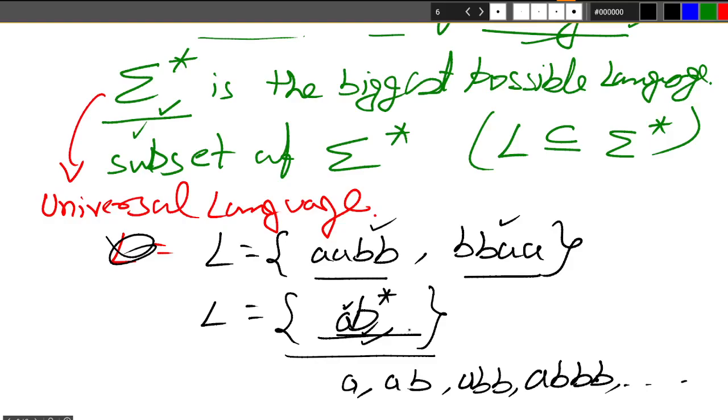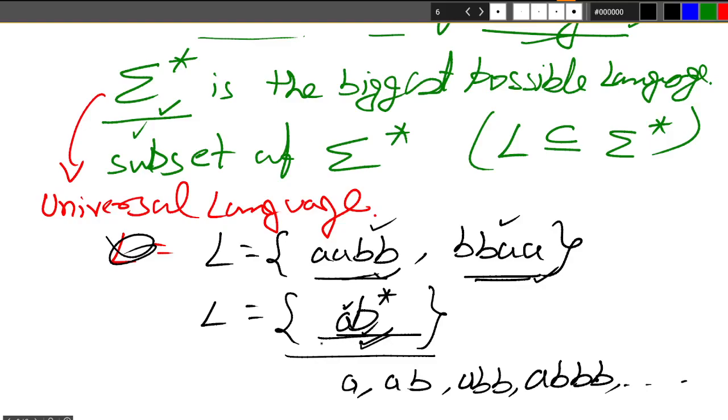So for now, understand one thing: we can represent a language as a set of strings. If the number of strings is small, you can list the strings here and show that these are the possible strings. If there are many strings, say infinitely many, but they can be represented by a pattern, then it's okay.